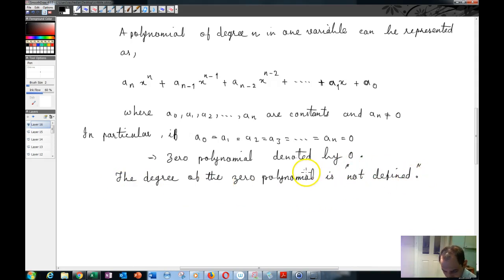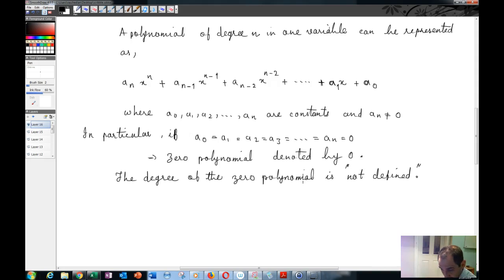The degree of the 0 polynomial is not defined. We basically talked about polynomials in more than one variable, but we are not going to talk about these polynomials right now, so we'll do that later.